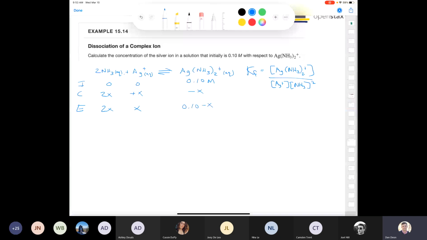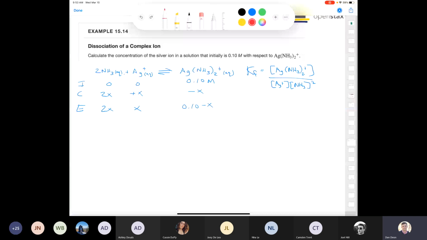We're going to ignore the x in this case. The reason why is that the concentration of our coordination complex is so much smaller than the Kf, and so we can ignore the x.